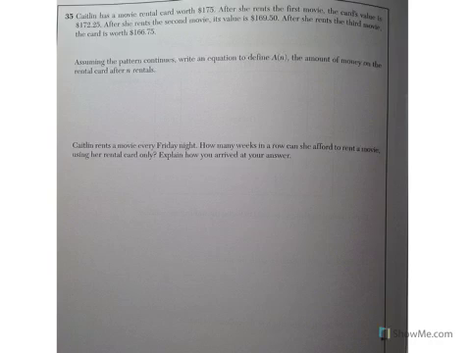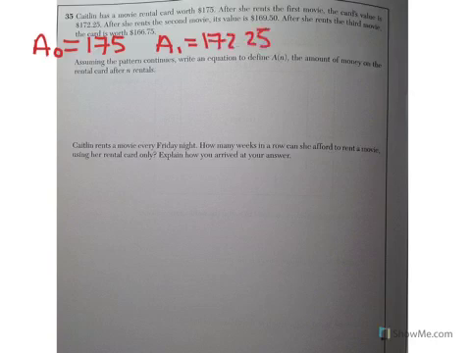So here we have a sequence. And what we need to look at is where we're starting. So let's just say A of 0. So that's just going to be our starting value. This is before she rents anything, she has $175, okay? And then after one movie, she ends up with $172.25, okay?